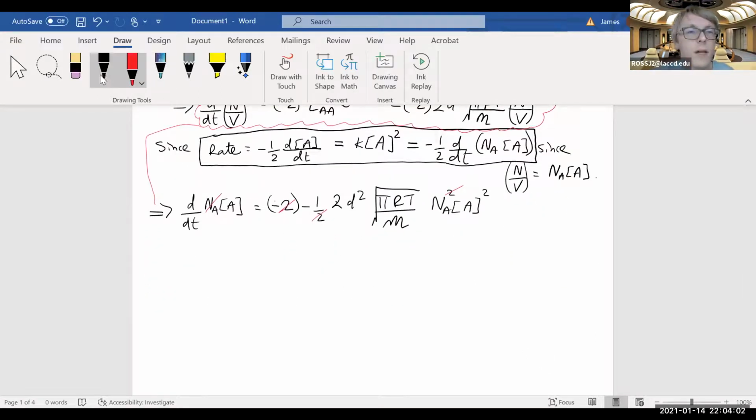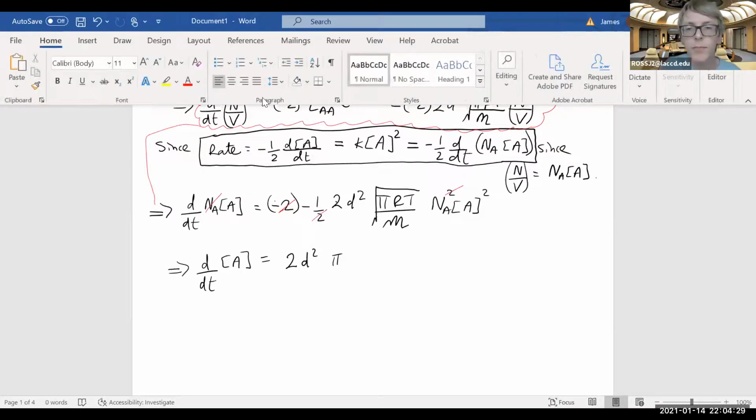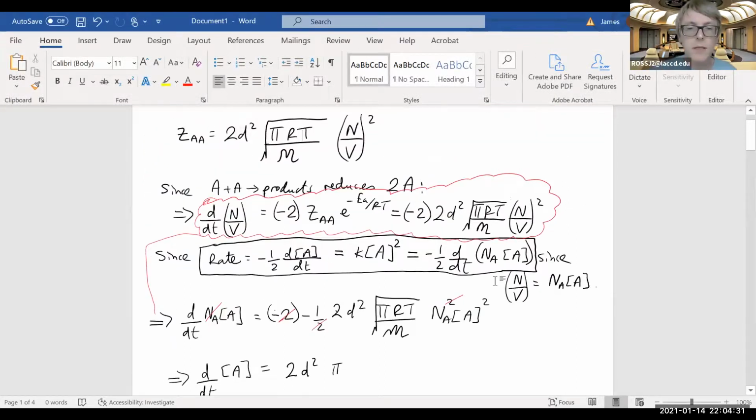So then if I rewrite that, I should have the rate of change of A is 2d²π. Oh, and I forgot my exponent, which is always amazing. So I forgot to write my exponent here.